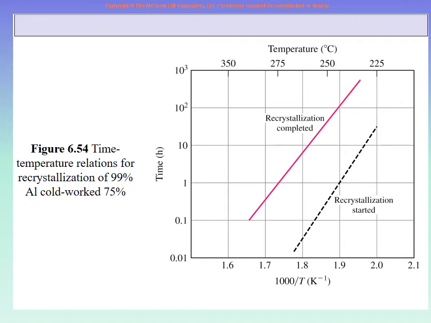We are not considering that, but we are doing experiments, and then we can find out that if we hold it in the furnace at 300 Celsius, then at what time recrystallization will start and at what time recrystallization will finish. Compared to it, if we hold it in the furnace at 250 Celsius, not 300, then at what time recrystallization starts and at what time recrystallization finishes.